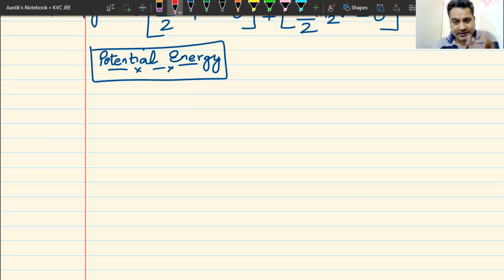If I call it an apple, in physics it only means an apple. It does not mean an orange. So physics uses simple English terms or Hindi terms, and the meaning is the same. Now, what do you mean by the word potential?